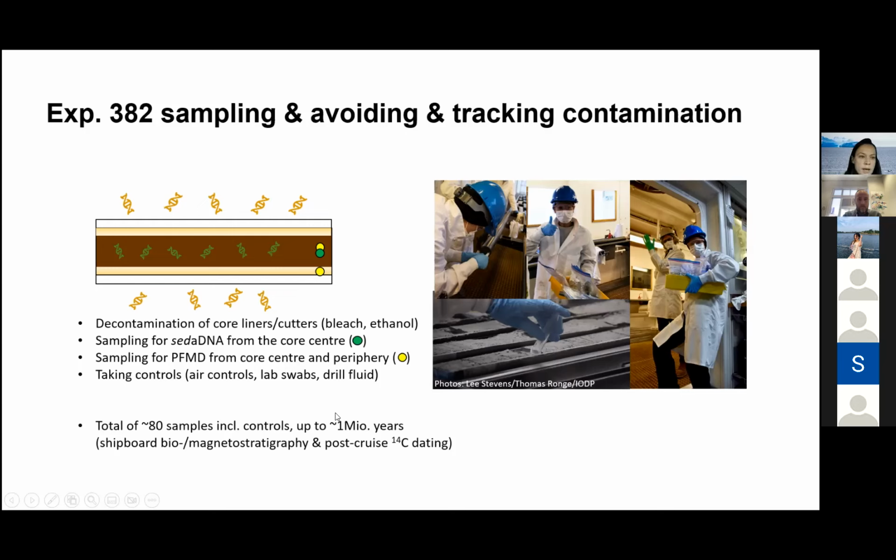And the ages that they were dated at during and post voyage were up to 1 million years. So on board, we've already done some biostratigraphy analysis and magnetostratigraphy of those samples. And then after the expedition, more work has been done to refine these initial ages that we've generated on board.